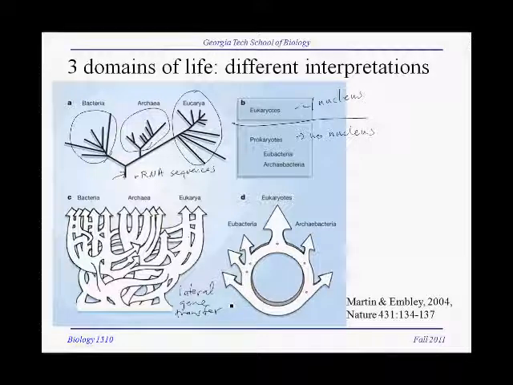In this case, though, we're talking about swapping bits of genomes from across species boundaries, not just between closely related species, but between species that are highly unrelated and may in fact be in different domains.